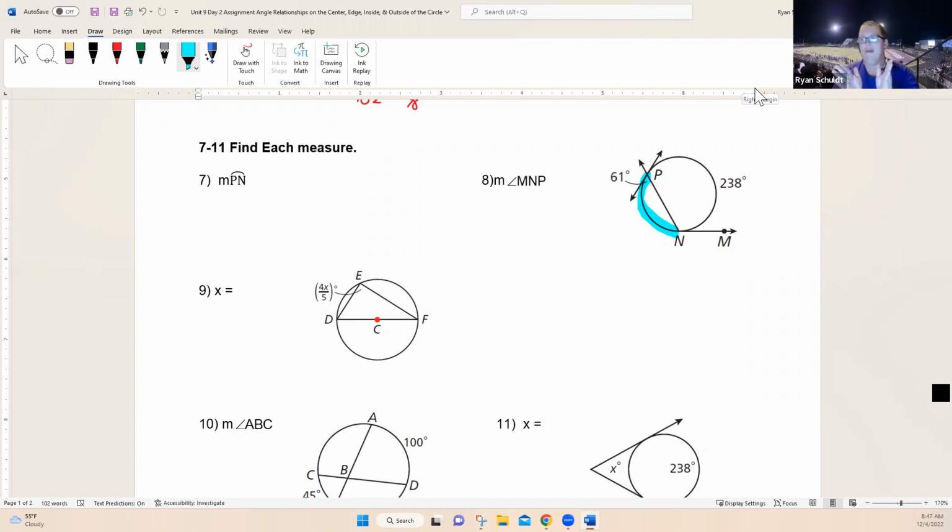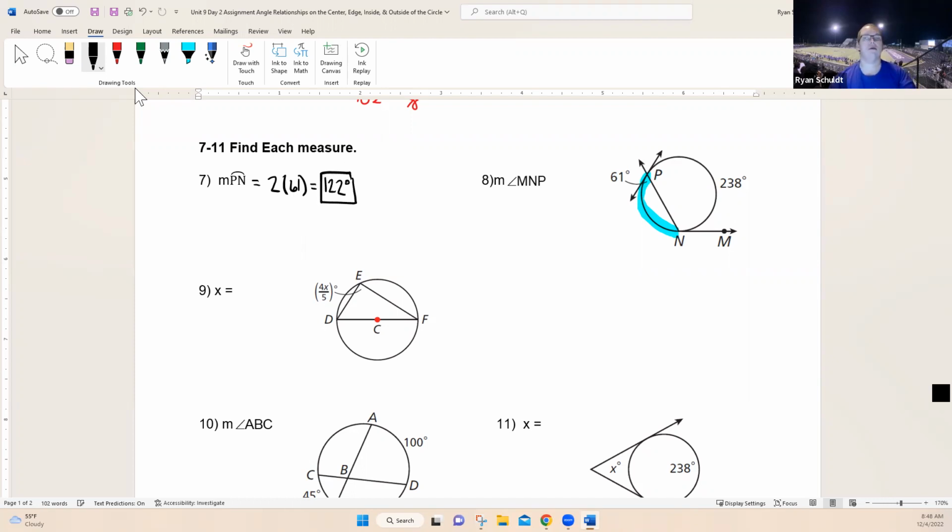The angle is on the edge of the circle, so we go out. That would give us 2 times 61, which is 122 degrees.